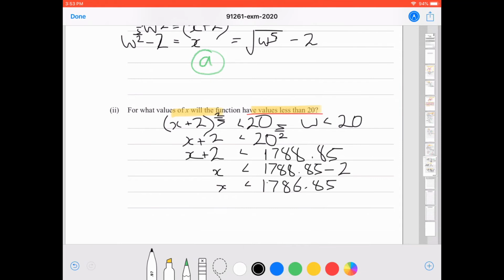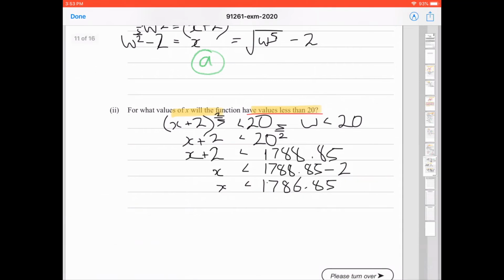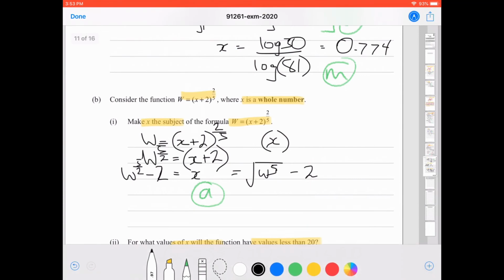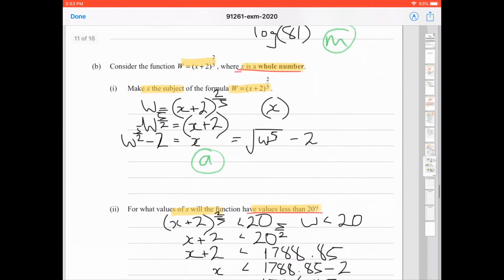The answer schedule mentions correct solution for x as a whole number, and yes, I believe that's true, where x, the question says where x is a whole number. So that means we're not quite done.